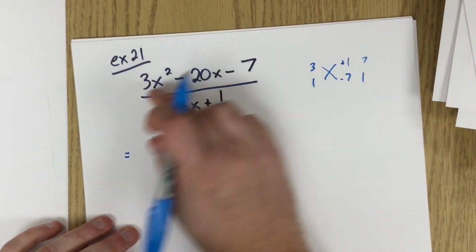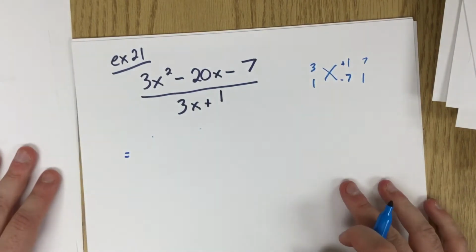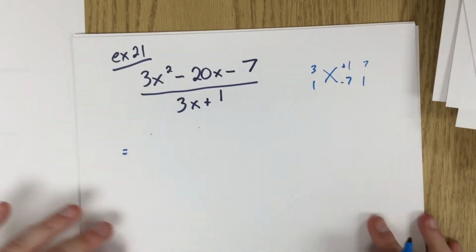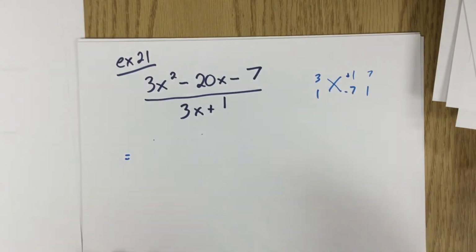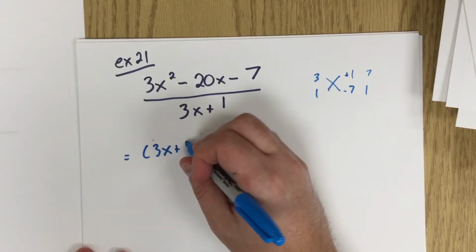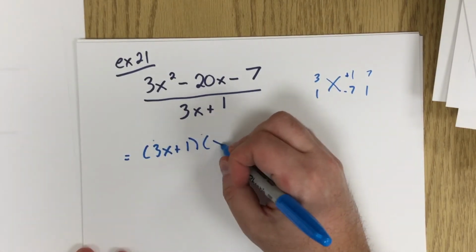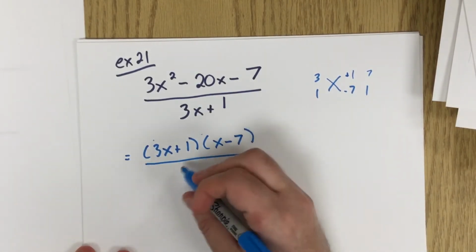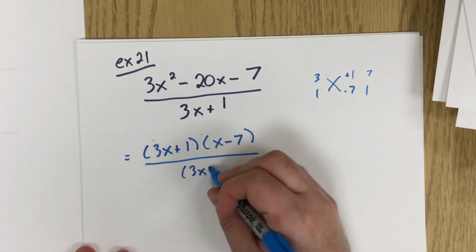You may have used decomposition or a box method or a guess and check. Whatever your method is, you're going to factor it. And it turns out this factors into 3x plus 1 times x minus 7 over 3x plus 1.